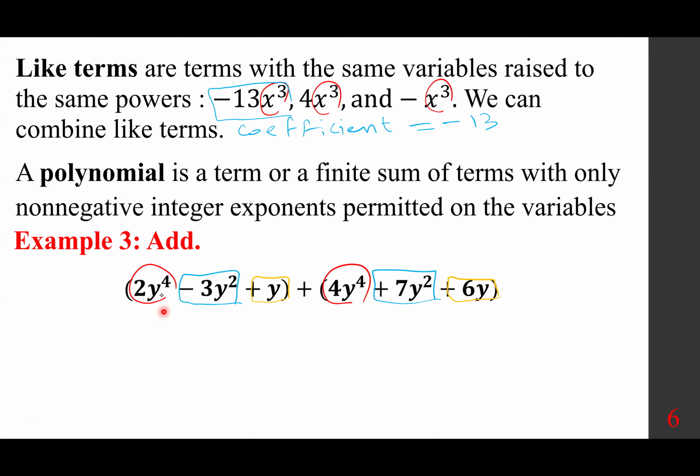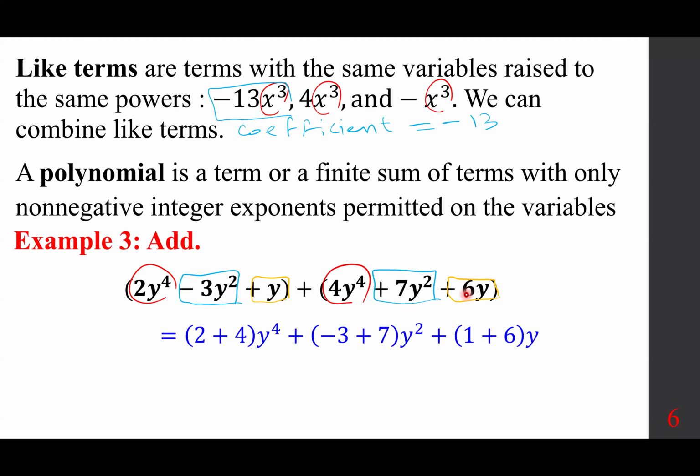When you look at these two, they have y to the power of 4. Therefore, they are like terms. So to add these two, 2 plus 4 times y to the power of 4. To add these two, negative 3 plus 7, y squared, and these two, 1 and 6.